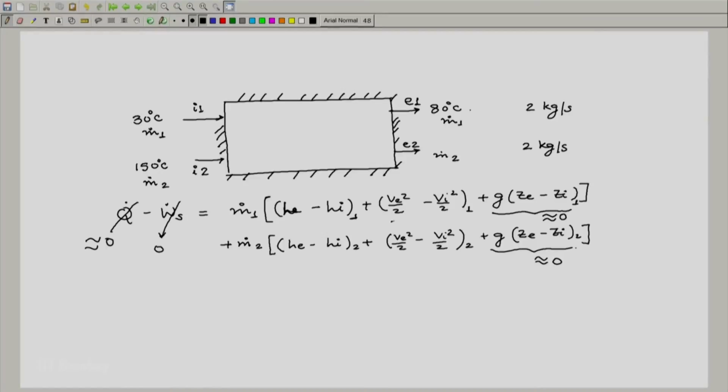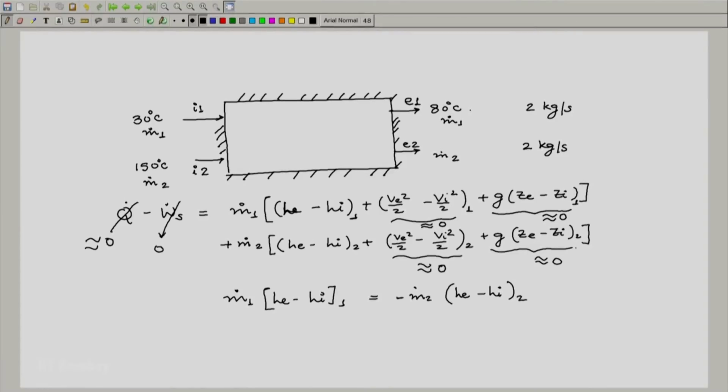And if the velocities do not change from inlet to exit for both streams, then there is no change in the kinetic energy. So, what we get finally is that m dot 1 times He minus Hi for stream 1 is minus m dot 2 times He minus Hi for stream 2.